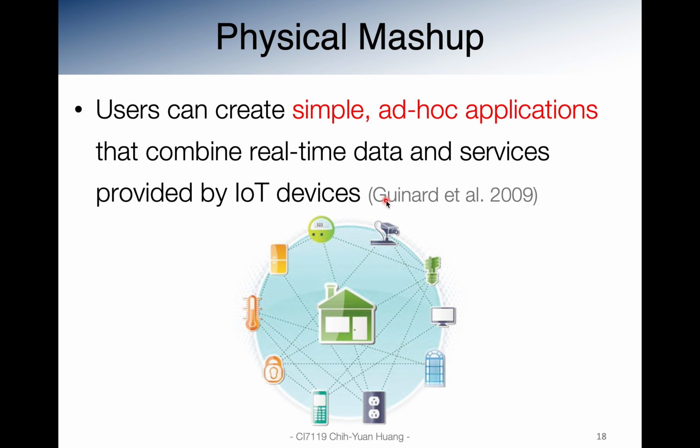By combining those capabilities together, we can create some new applications. That's the meaning of the physical mashup, and that also is why IoT attracts a lot of attention in many fields.